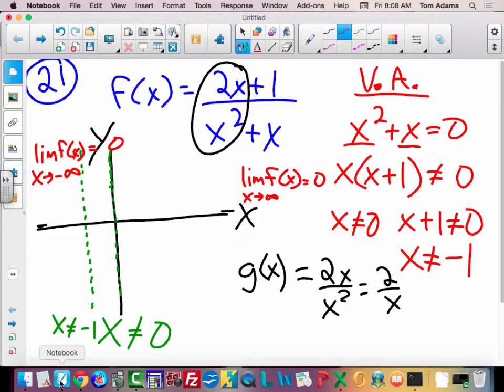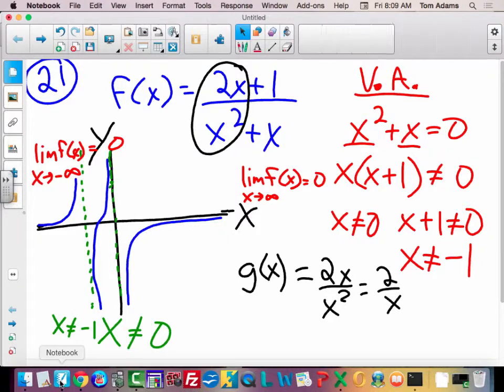So I'm probably going to have a graph. I don't know off the top of my head, it may do something like this, maybe something like this, and maybe something like this, but it's never going to cross 0 except for in the middle.